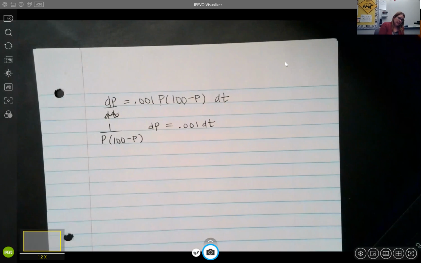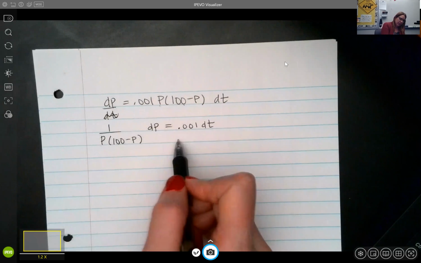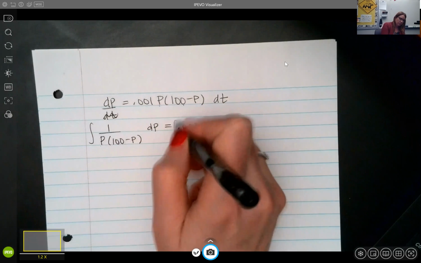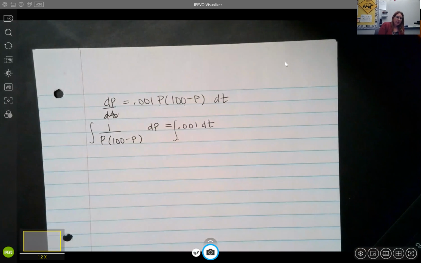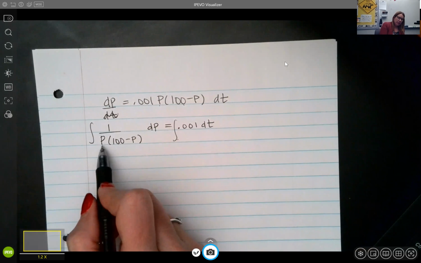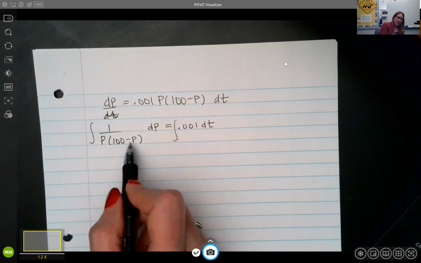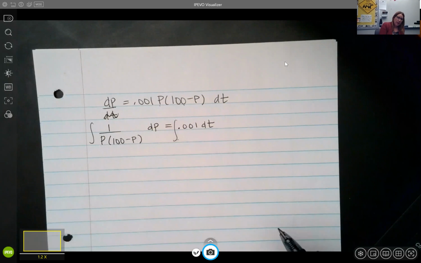Now, the next step would be to take the integral of these, right? To solve for P, how do I take the integral of 1 over P times (100 minus P)? Hopefully you're thinking this is partial fractions.